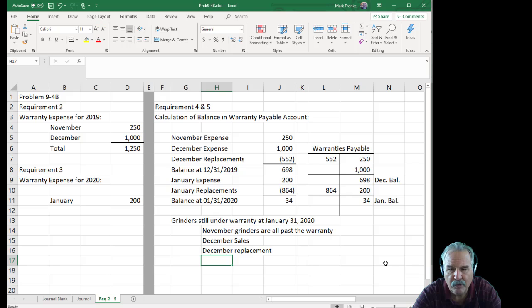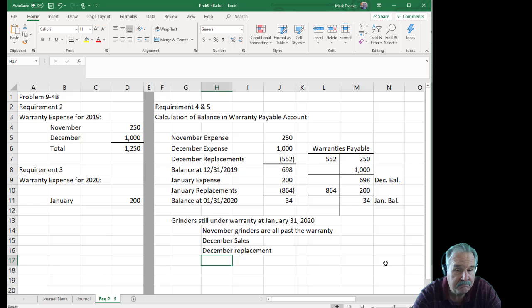During December, we replaced 24 units, and that was $552. We had 2 journal entries for the replacements, and so that means that at the end of December, our balance in the warranty payable account was $698.